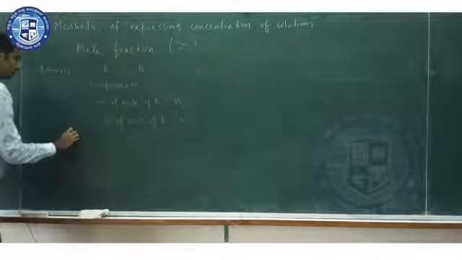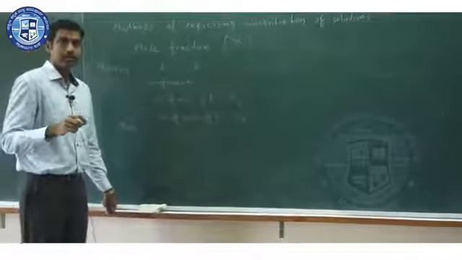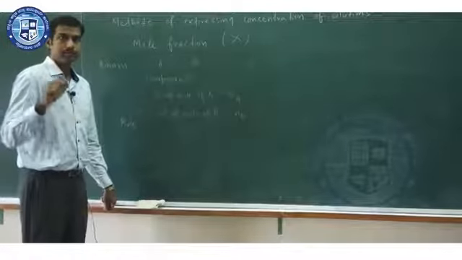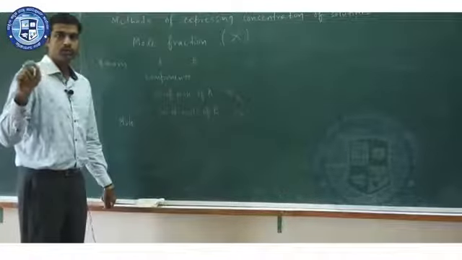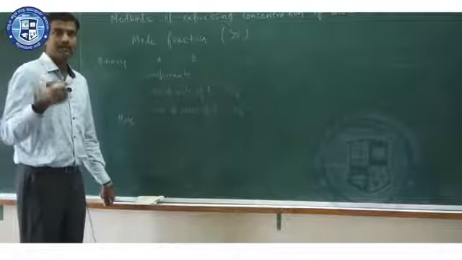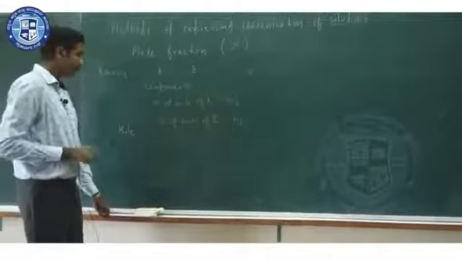So, mole is the quantity or amount of substance which contains Avogadro number of particles, 6.022 into 10 to the power of 23 particles. If it is present in a given amount of substance, that will be equivalent to 1 mole of the substance.